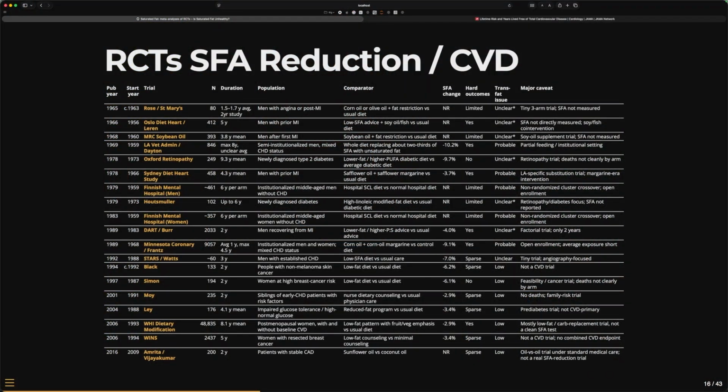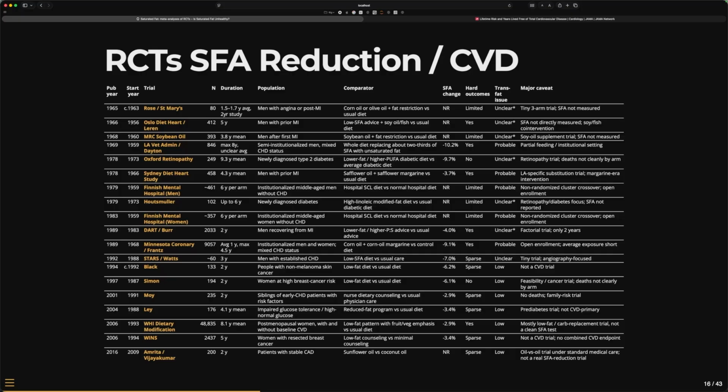So this table just summarizes each trial: when the trial was published, when it actually started, how many people were in it, the average duration, what kind of people were included, and what the comparison diet versus the intervention was.